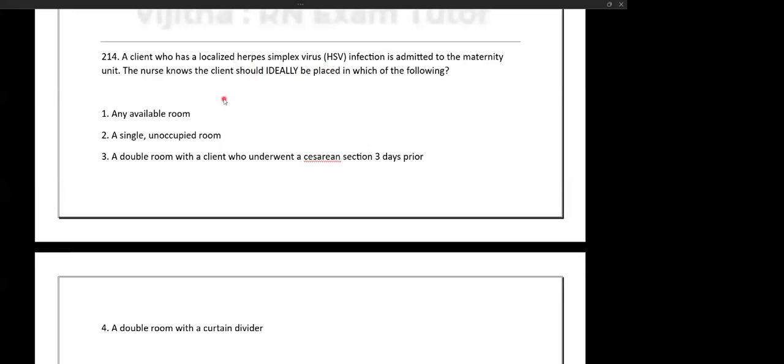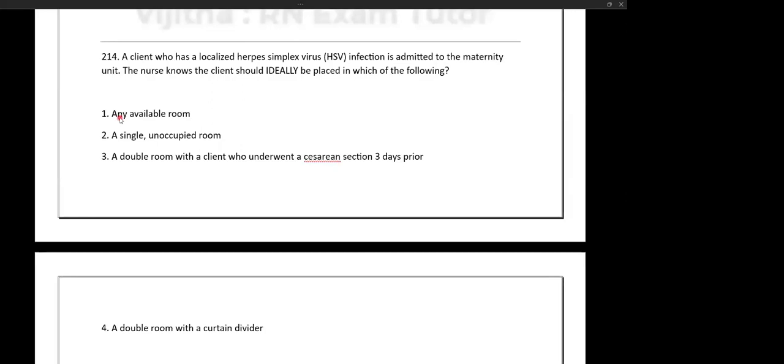In which kind of room will you normally place the patient? One is any available room. So we don't allow the patient to be in any available room.